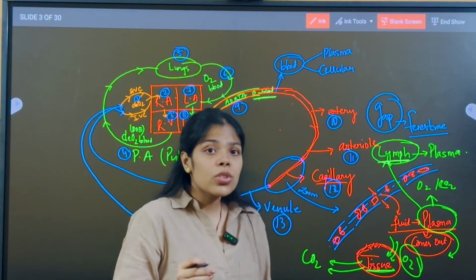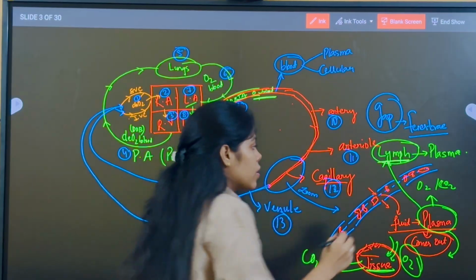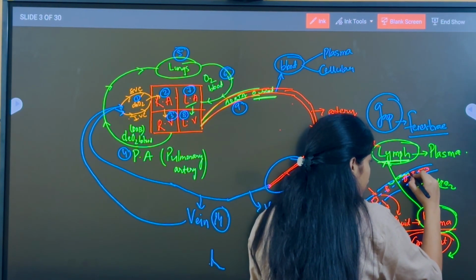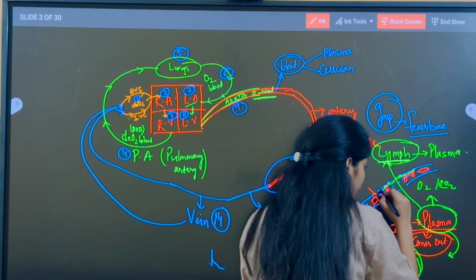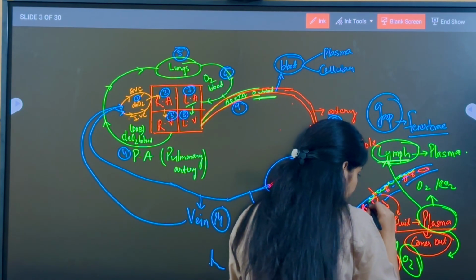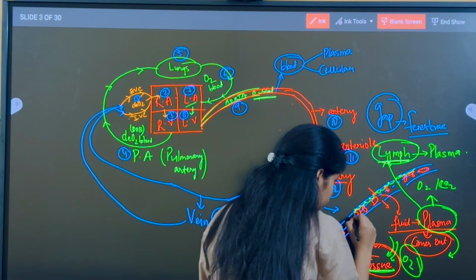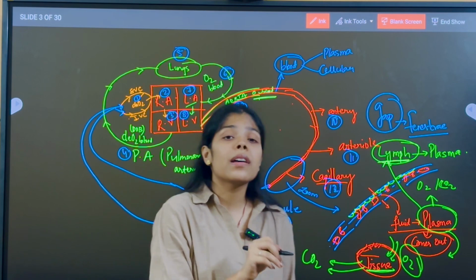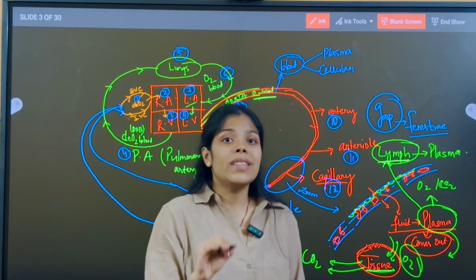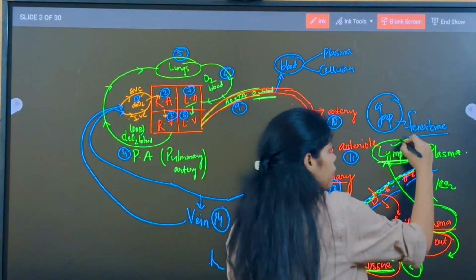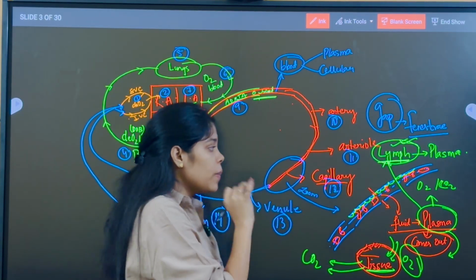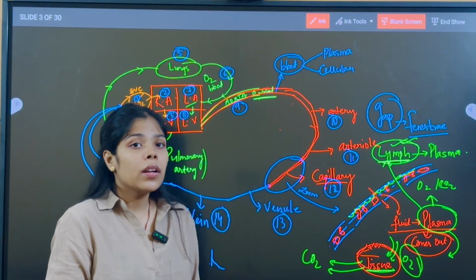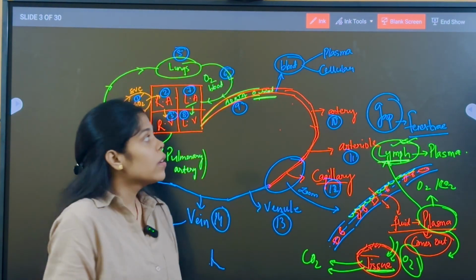These are known as fenestrae, and from these small portions, plasma comes out. प्लाज्मा जैसे ही फेनेस्ट्री से बाहर आ जाएगा, we call it lymph. तो lymph आ गया बाहर. अब जैसे ही lymph बाहर आ गया, lymph में क्या प्रेजेंट है? Lymph is composed of plasma.